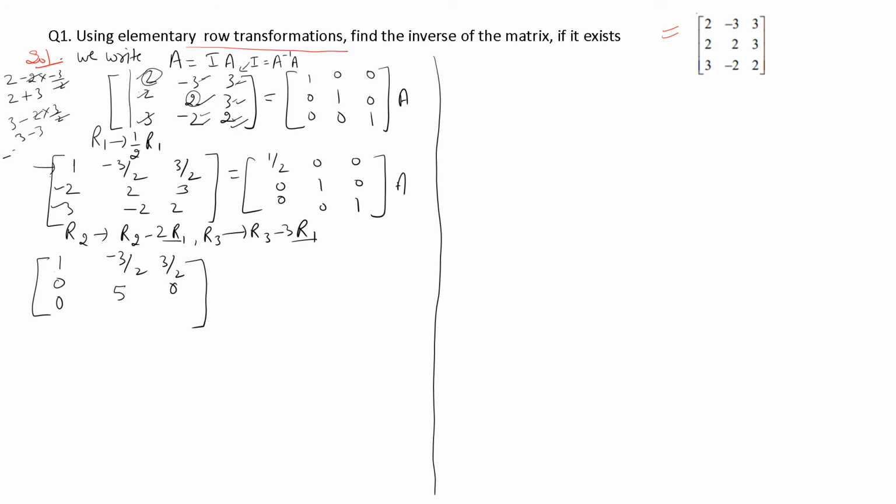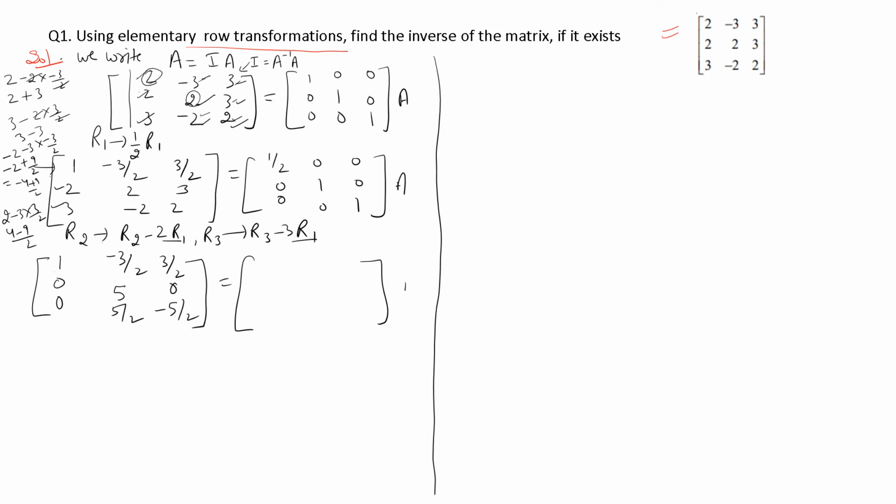This is R3 minus 3 times R1. So this is minus 2 plus 9 by 2. So this is minus 4 plus 9 by 2, that is 5 by 2. Okay. And again this one, 2 minus 3 times 3 by 2. So this is 4 minus 9 by 2. This is minus 5 by 2.